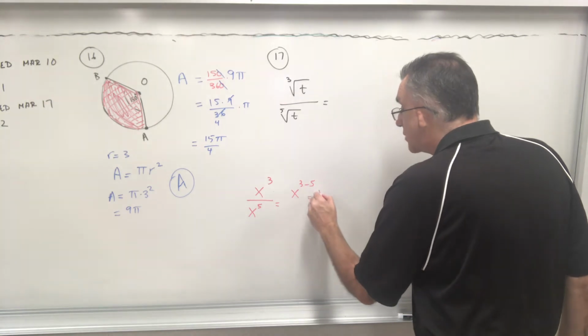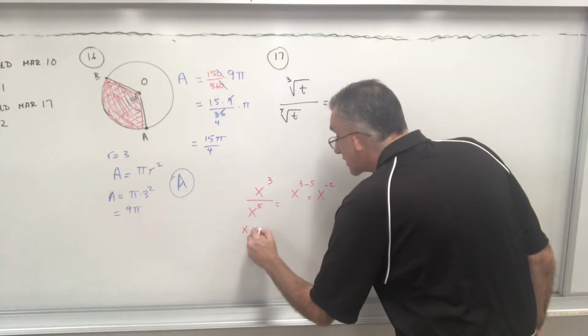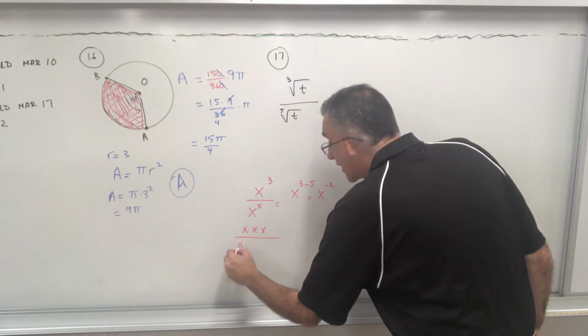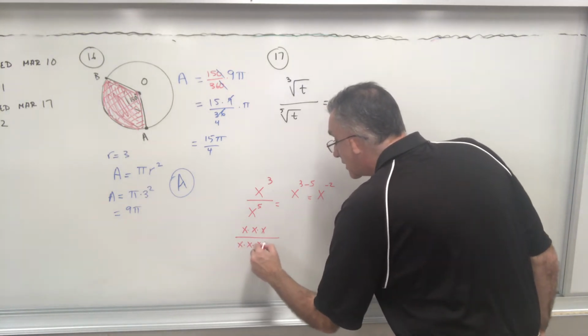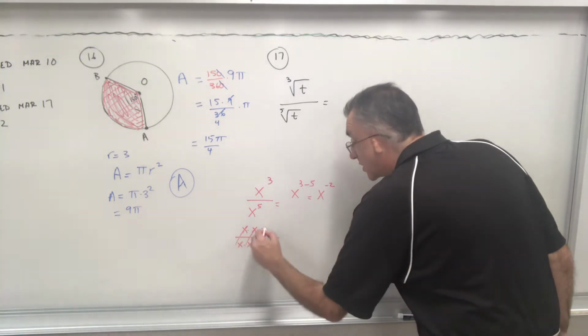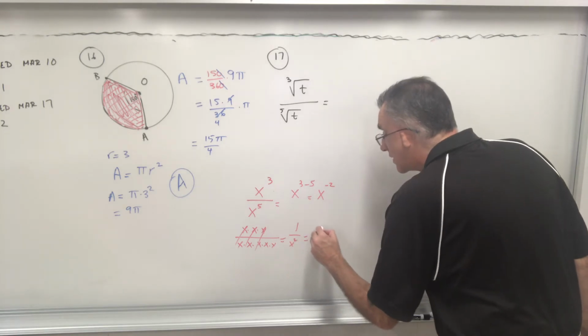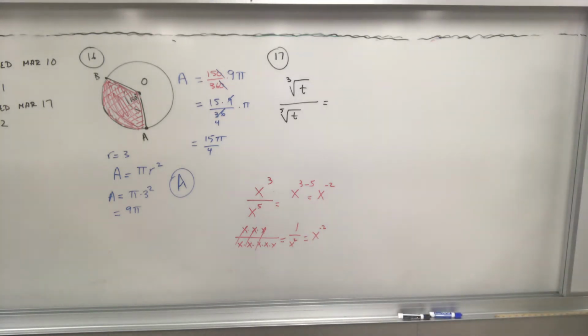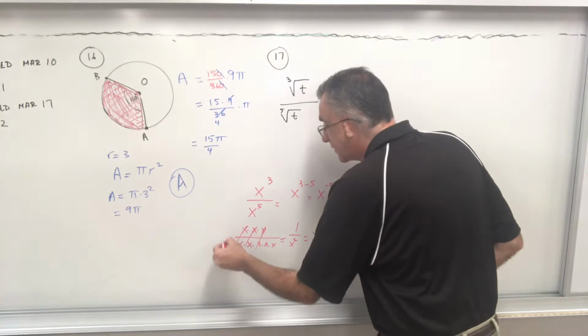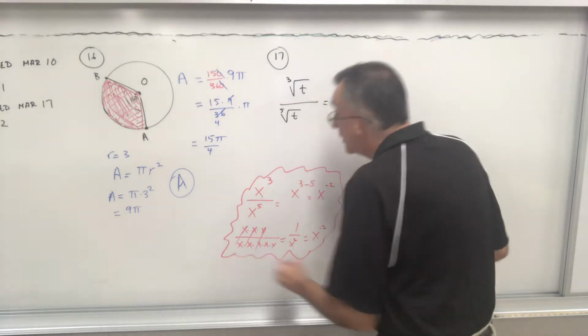Well, I'm assuming we'd all know, which would be x to the negative 2. Why? Because x times x times x over x times x times x times x times x, right? So you get x squared, and when that's in the bottom, that means it's actually negative 2, right? This is, again, a digression. This is not the question, unfortunately.